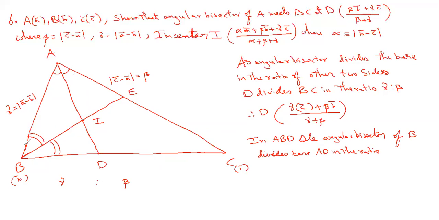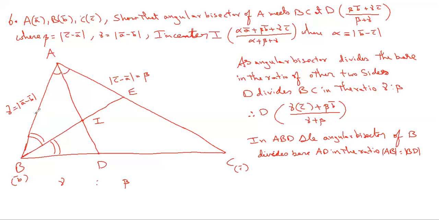What are the other two sides? This gamma, in the ratio AB is to BD. Of course, their magnitudes, not the vectors.